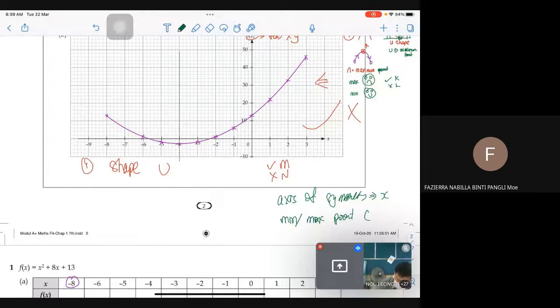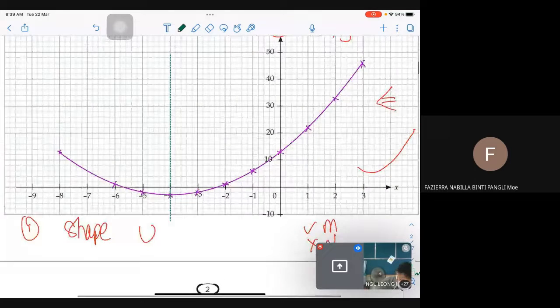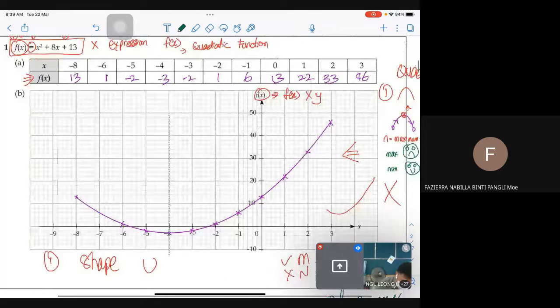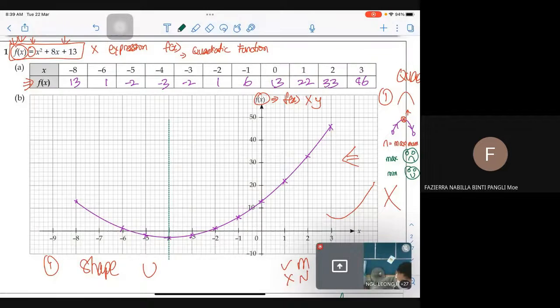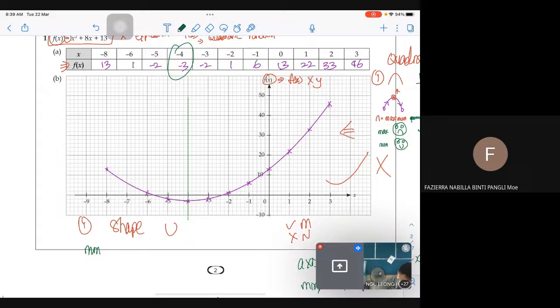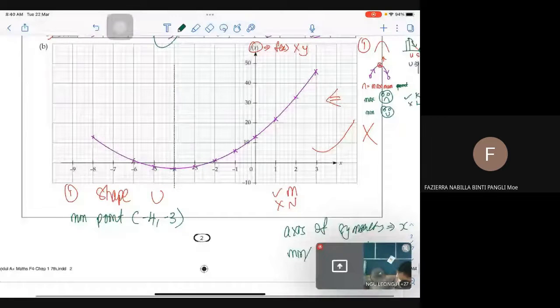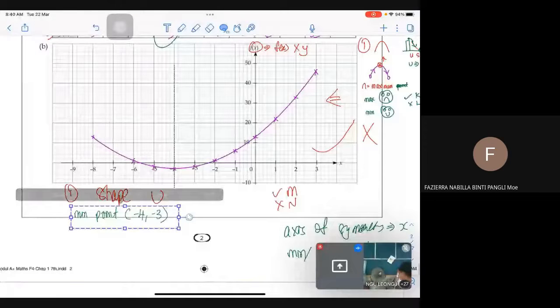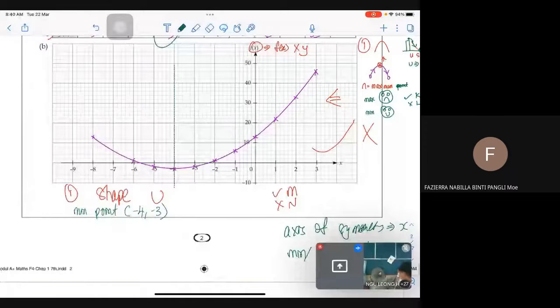Let's say this minimum point is this one. See, the minimum point is (-4, -3), right? Right, guys? If yes, reply me Q.